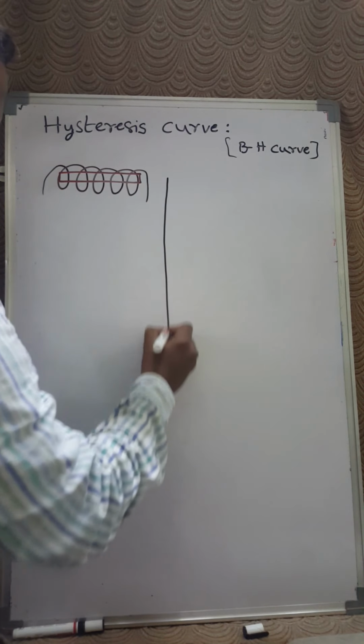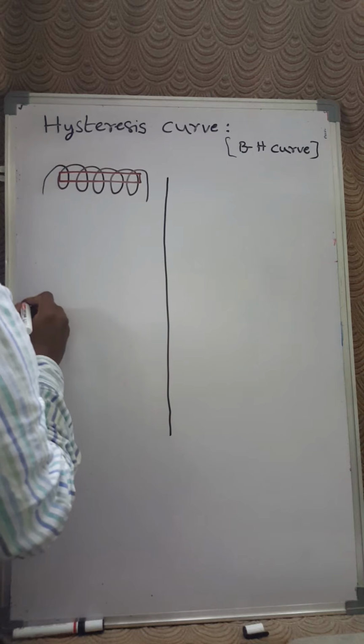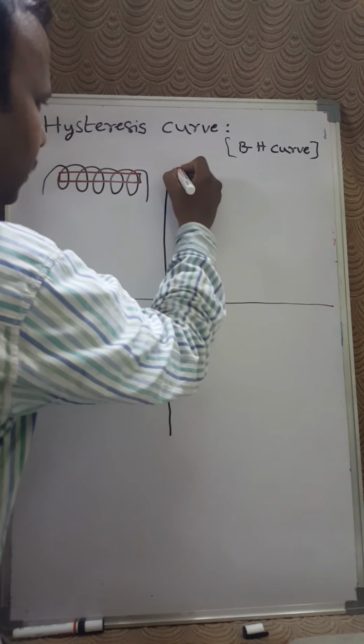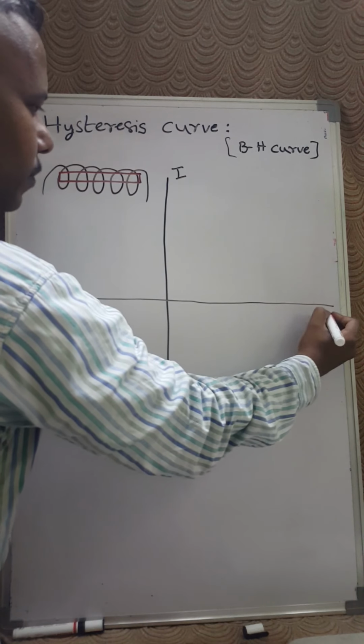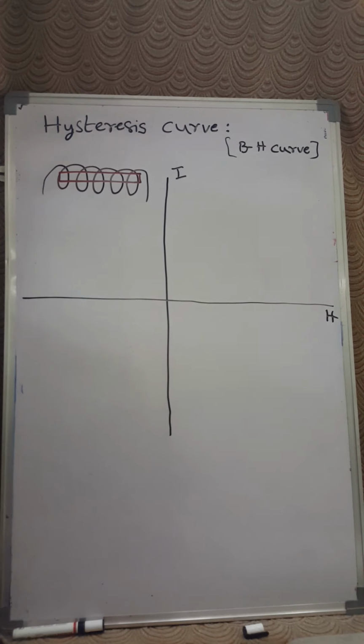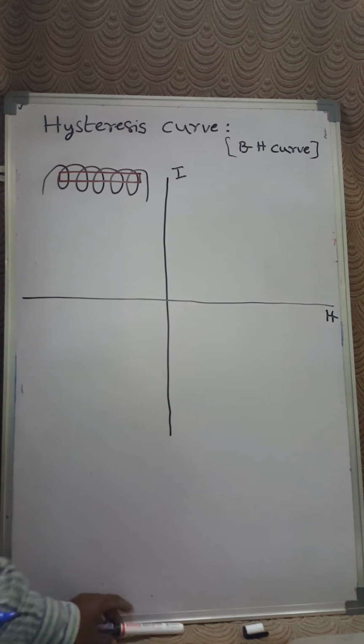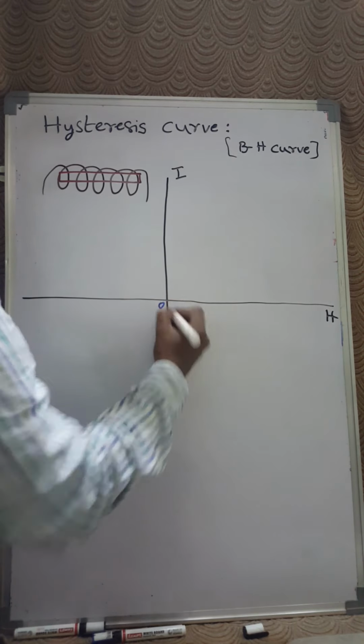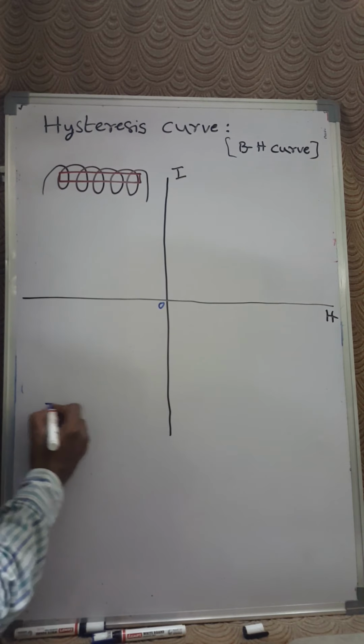Let me take a curve, intensity of magnetization versus applied field strength, the I versus H curve, and plot it here. Initially the material is at the origin, that means at 0,0, and it is of diamagnetic nature.